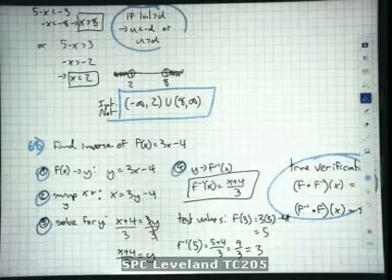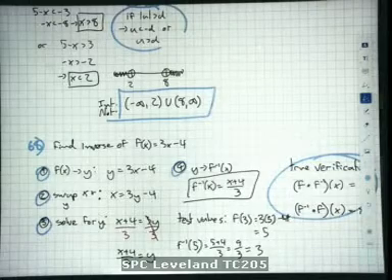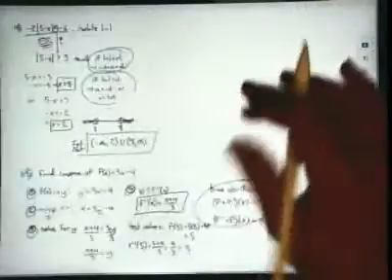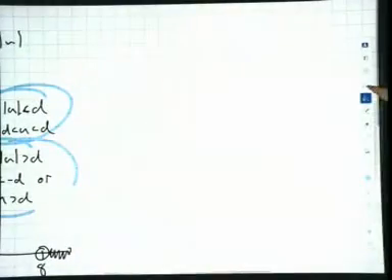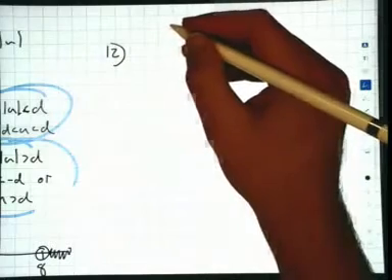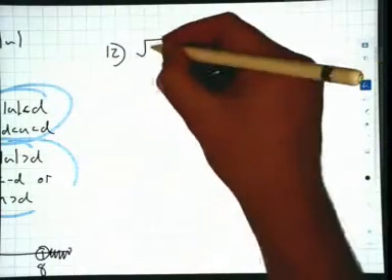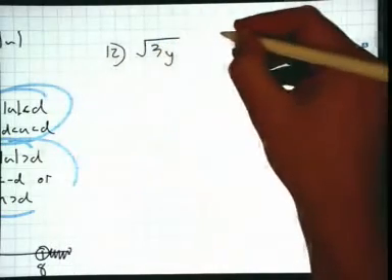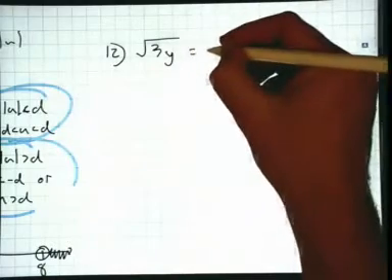Number 12. Square root of 3y is equal to y.